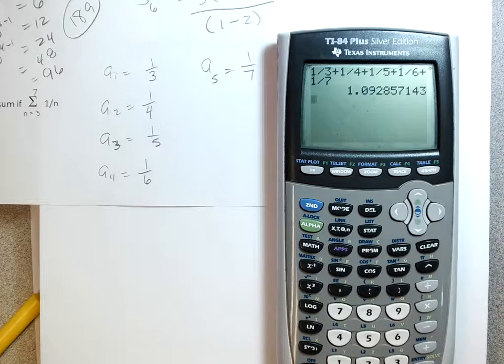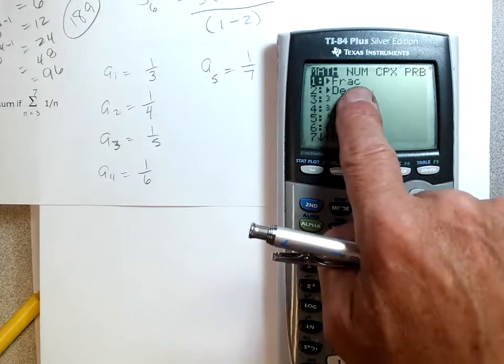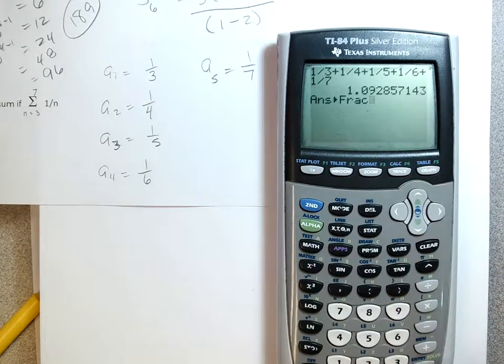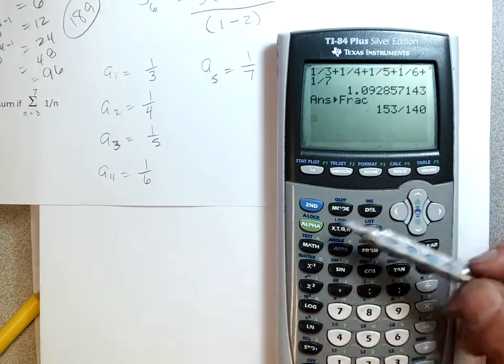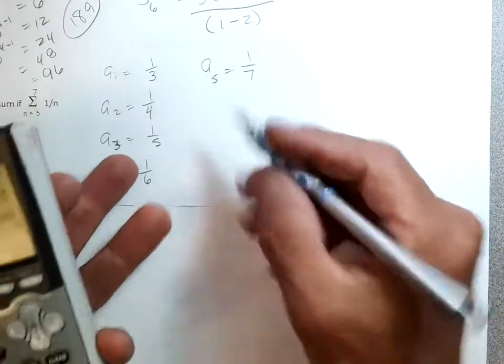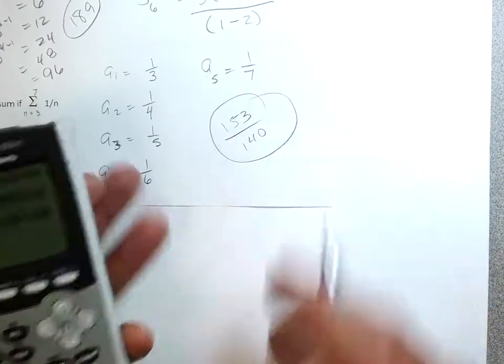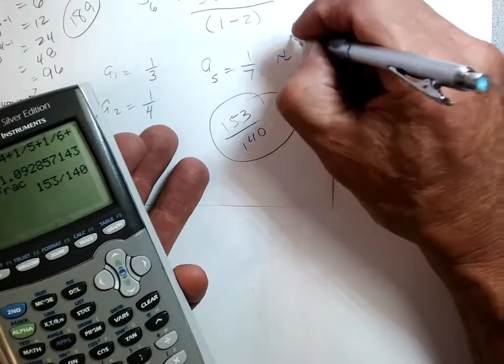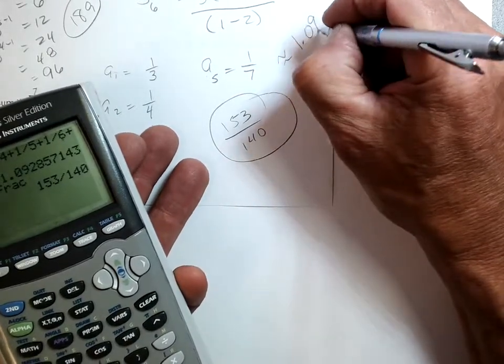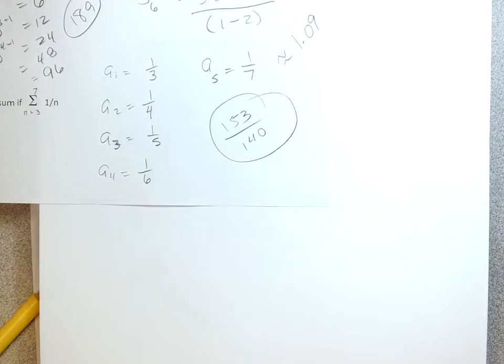If you want a fraction answer, some calculator magic, I go to math, Frac, and it'll change it to a fraction. So my answer is 153 over 140, or approximately 1.09. Thumbs up so far?